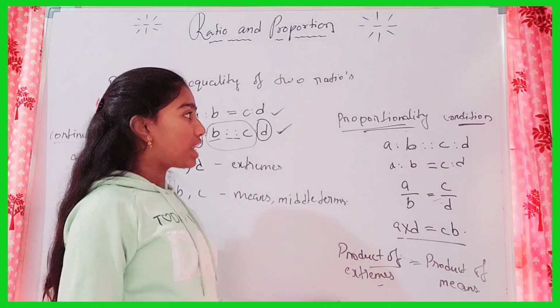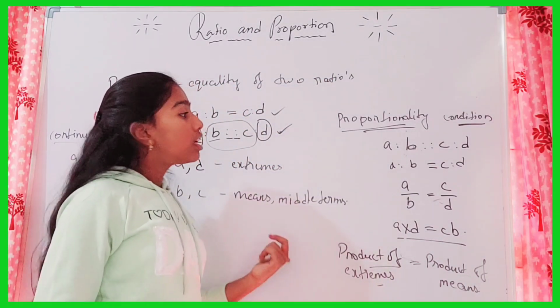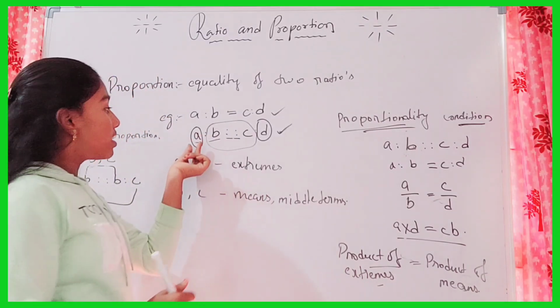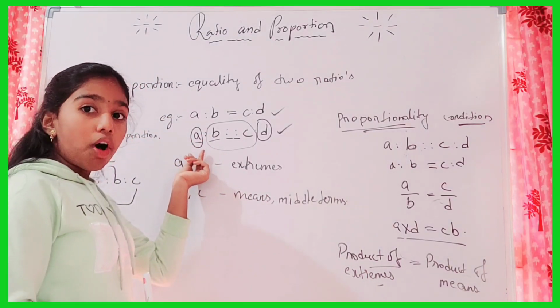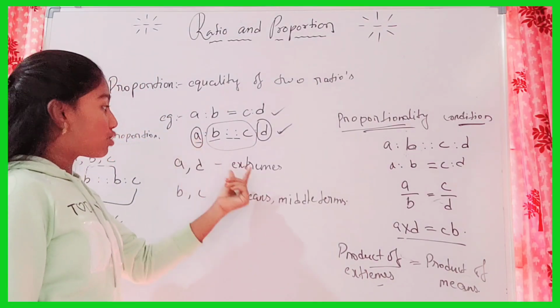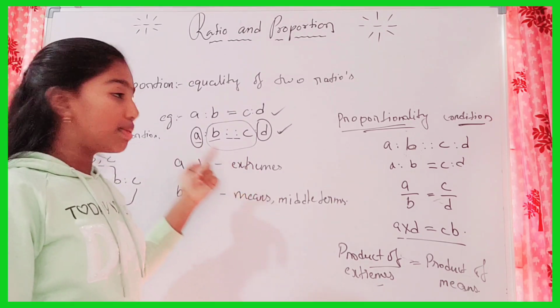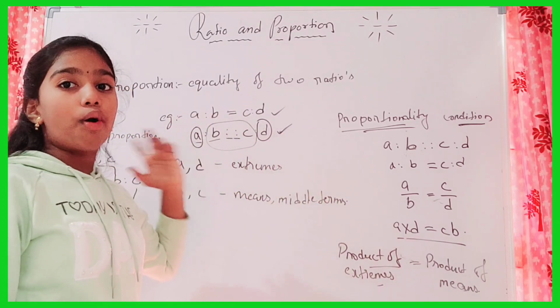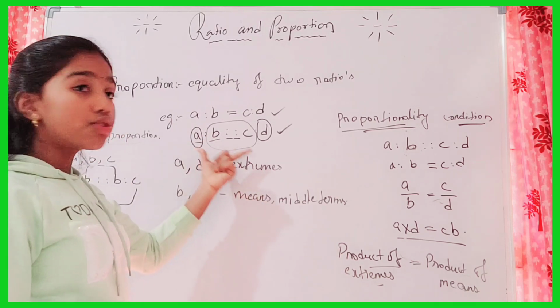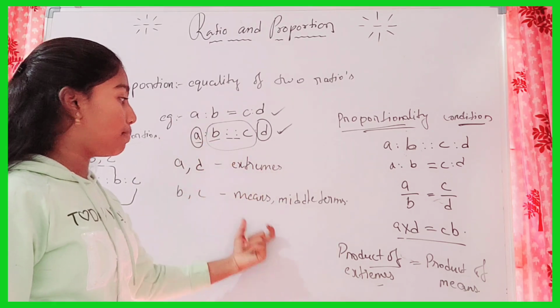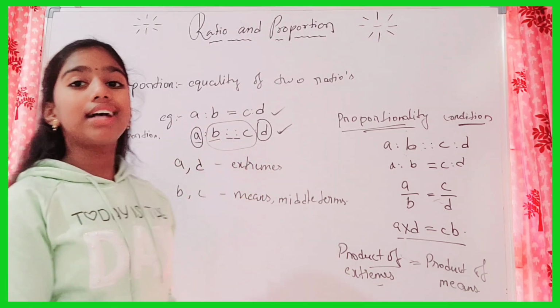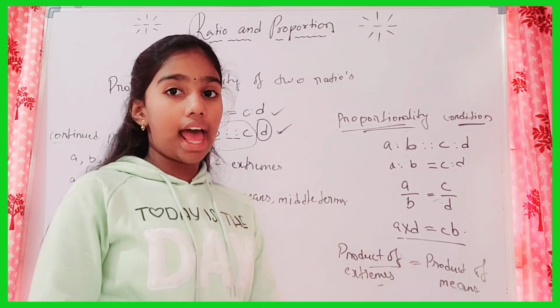Next is proportionality condition. These are the terms of proportion. The first one and the last one are called the extremes, and the middle two are called the means, and this sign is called 'is as'.